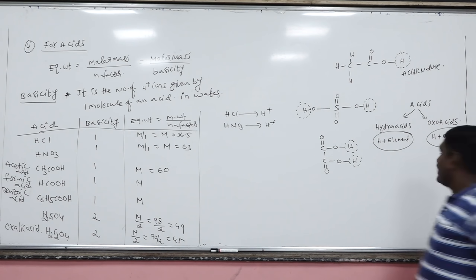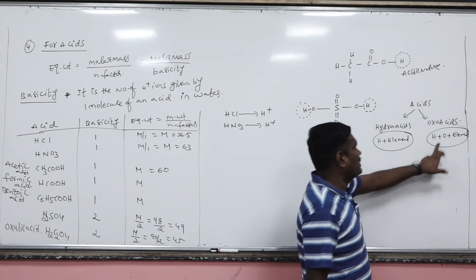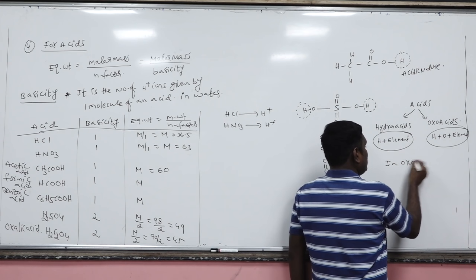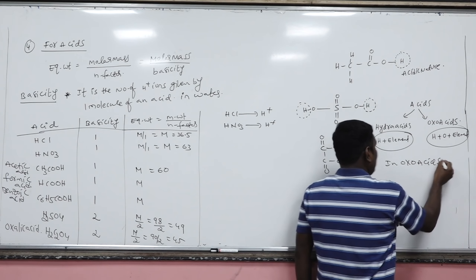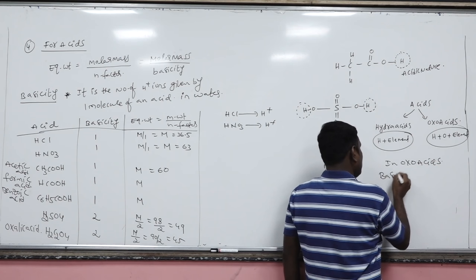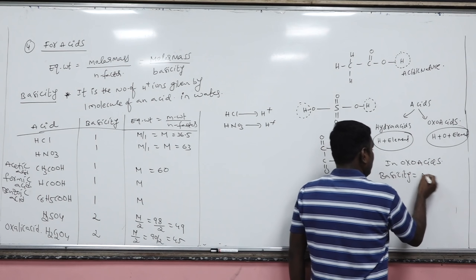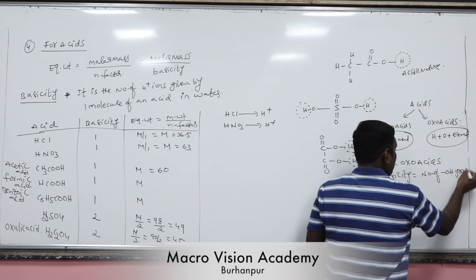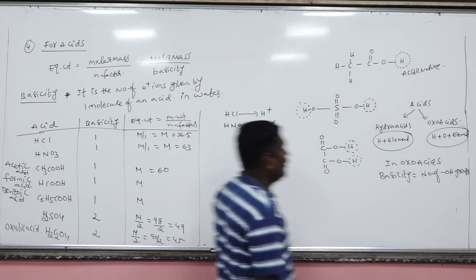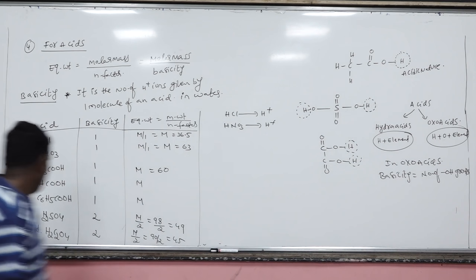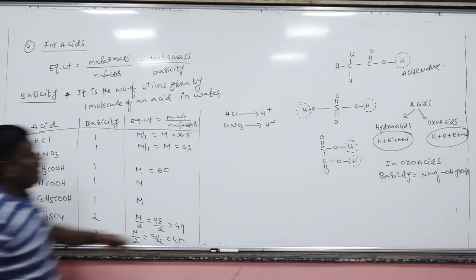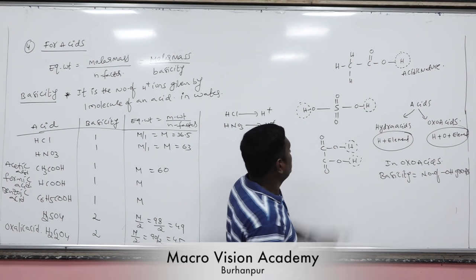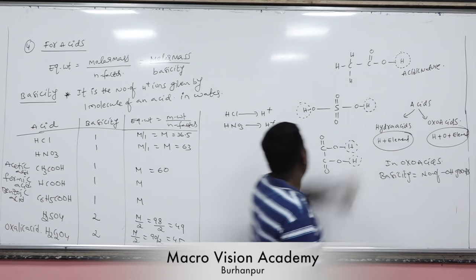The acid containing both hydrogen and oxygen is called an oxo acid. In oxo acids, basicity is the number of OH groups. So when 2 OH groups are there, basicity is 2. Only 1 OH group here, basicity is 1.